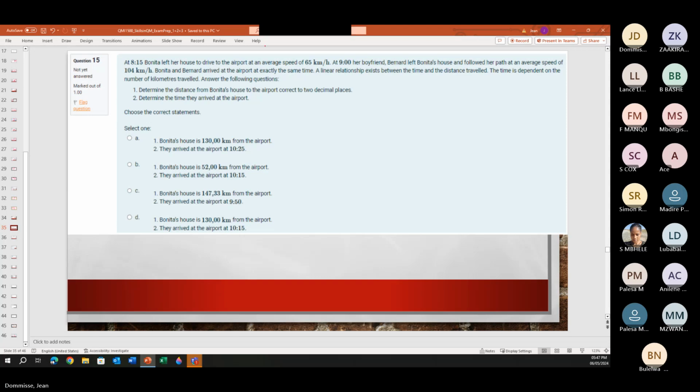At 8:15, Bonita left her house to drive to the airport at the average speed of 65 kilometers per hour. At 9 o'clock, her boyfriend, Bernard, left Bonita's house and followed her path at an average speed of 104 kilometers per hour. Okay, so she's traveling at 65 kilometers an hour.